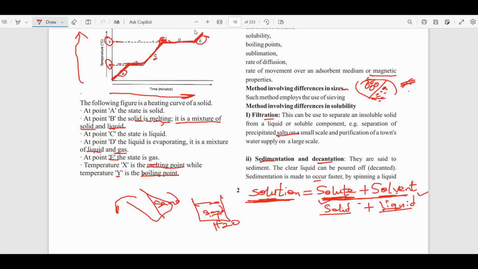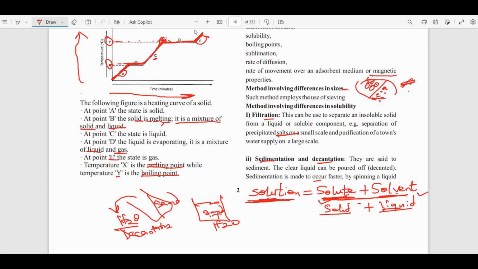Of course, this process is called decantation, and the process whereby the sand settles at the bottom is called sedimentation.